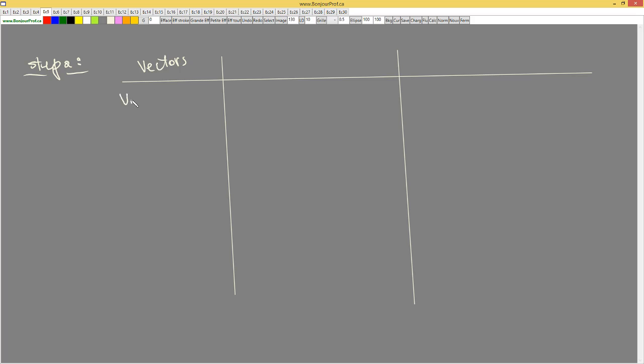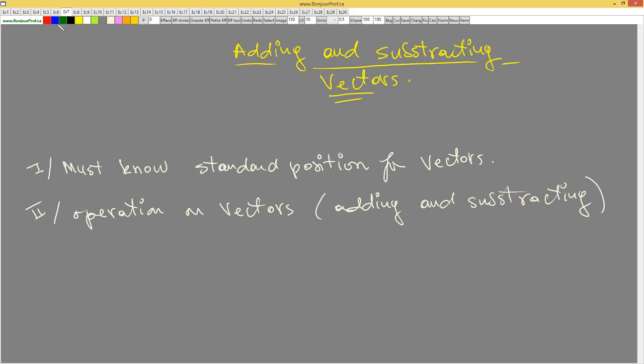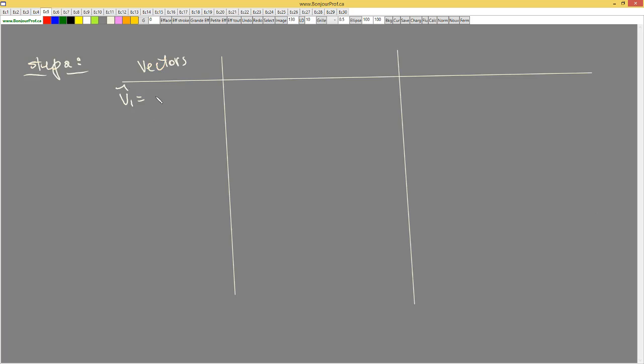I'm going to write V1, but this time with the standard position. What is V1? It is 30 meters per second, 90 degrees. And I'm going to write here V2 equals 45 meters per second. And what is the direction? You have it in your notes.